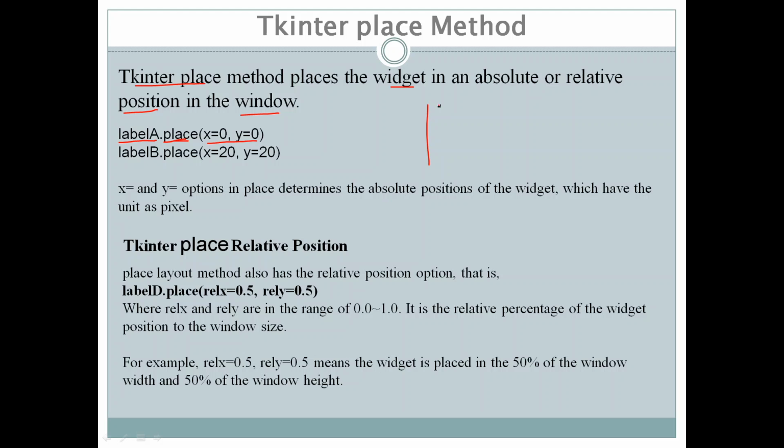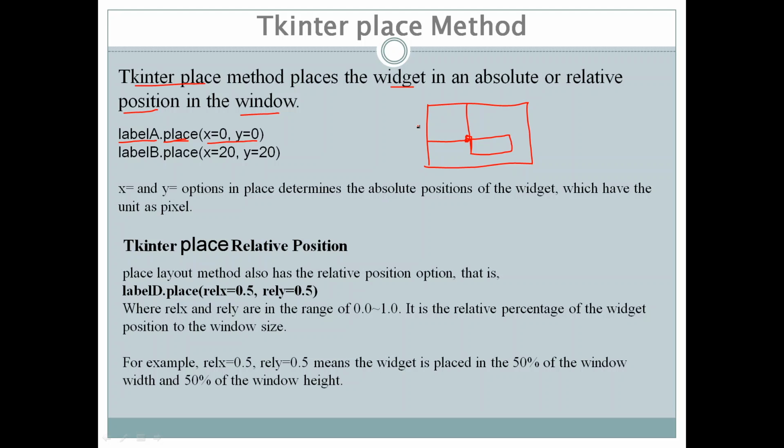Suppose this is our top level window, and if I want to place a button over here on the top level window, I need to specify the x value, the distance from the left boundary, and also the distance from the top, that is the x and y coordinate.